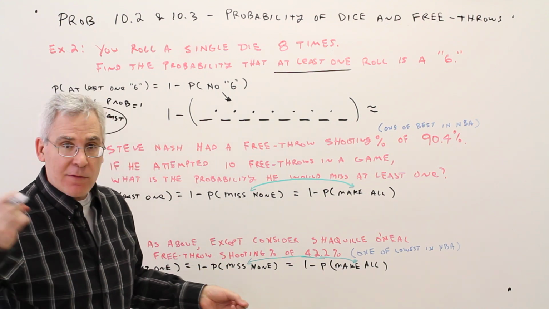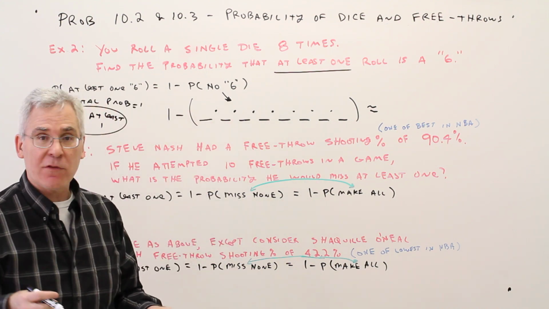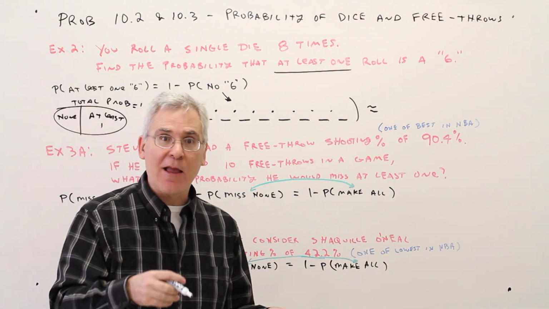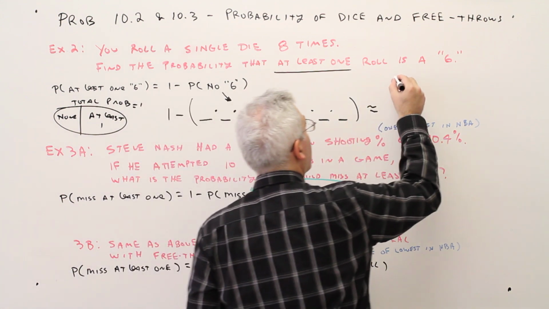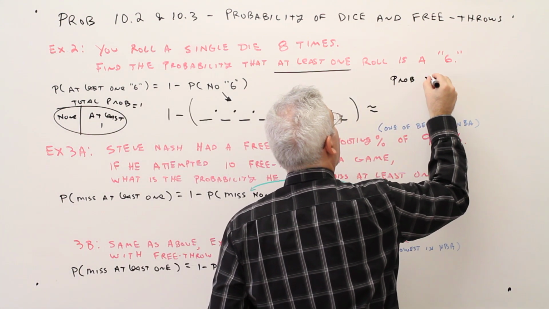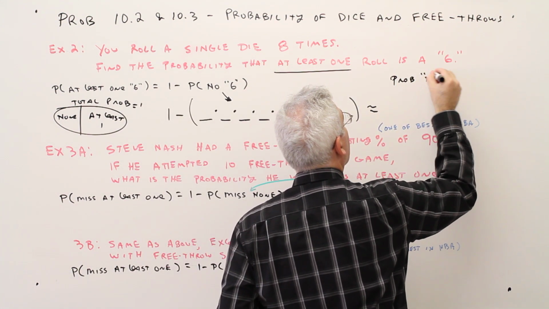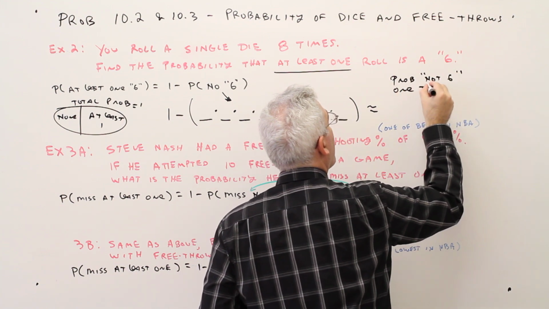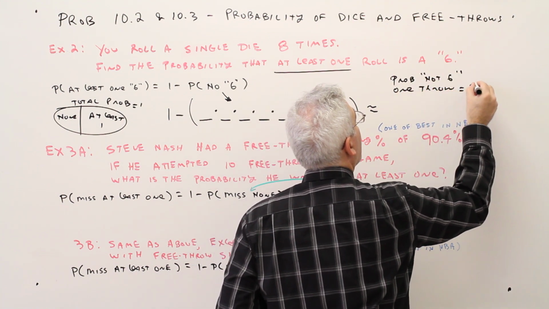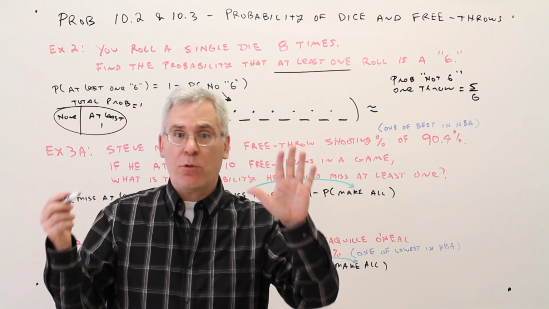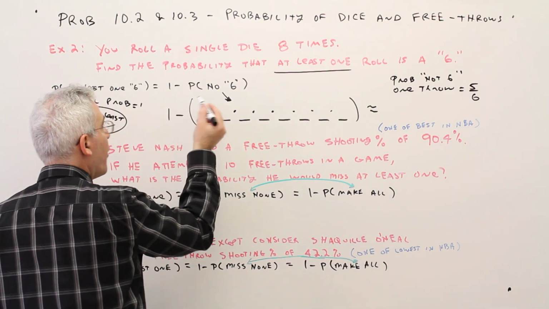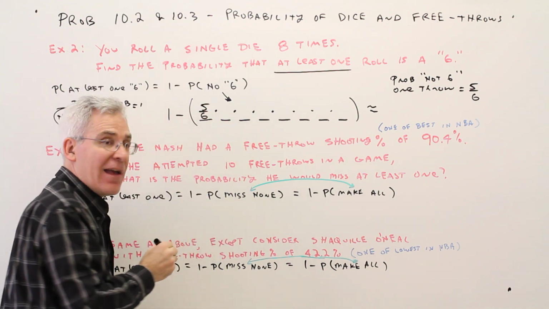Okay, so let's find the probability of rolling no 6s all 8 times. Well, the probability of a not 6 on one throw equals 5 over 6, because there's 5 not 6s out of a total of 6. So for the first roll, not getting a 6, 5 out of 6.